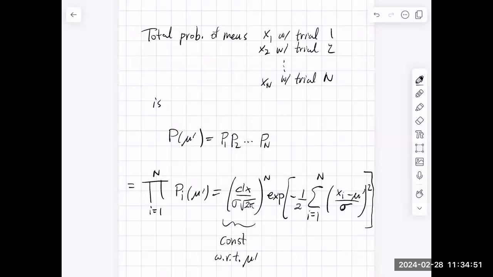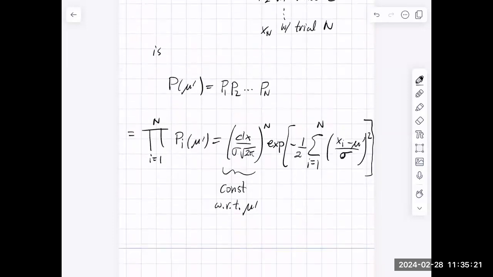What we've done is we've calculated the probability of us measuring a particular data set. It's the probability that we measure x1 and then x2 and then x3 and then x4 and so on. And what we're going to assume is that the actual data set that we get is the one that is close to the values of x that would give us the maximum probability.